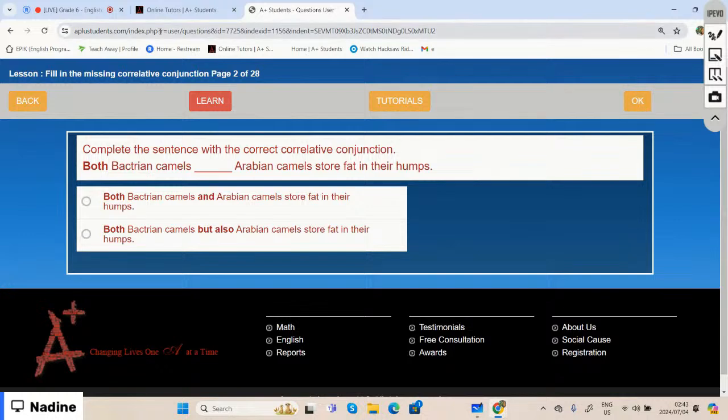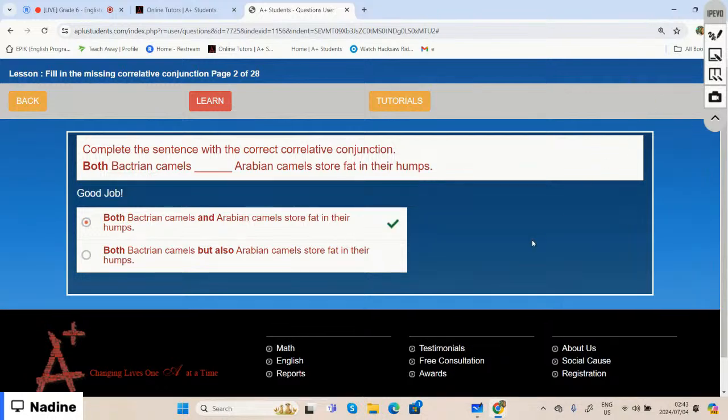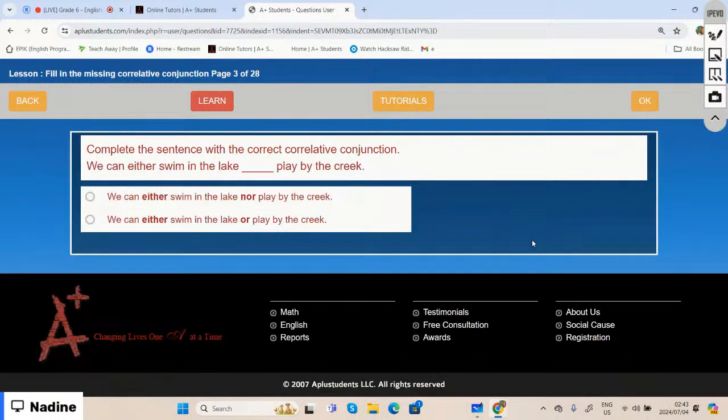All right, so if we use the word both, then our pair for both is and. So both Bactrian camels and Arabian camels store fat in their humps. So that is correct.